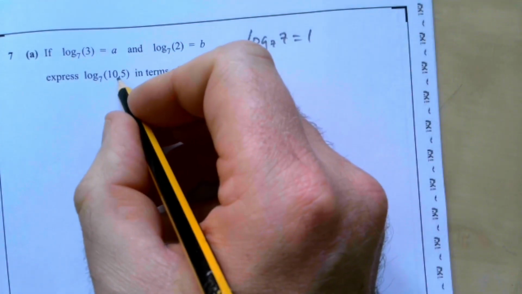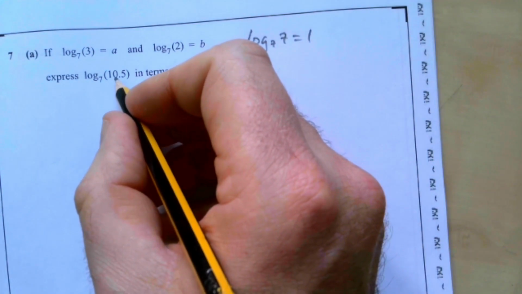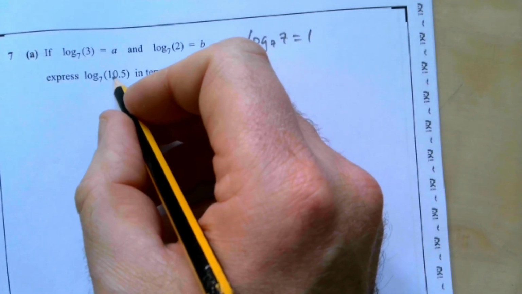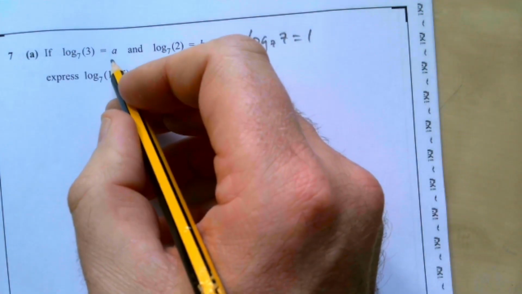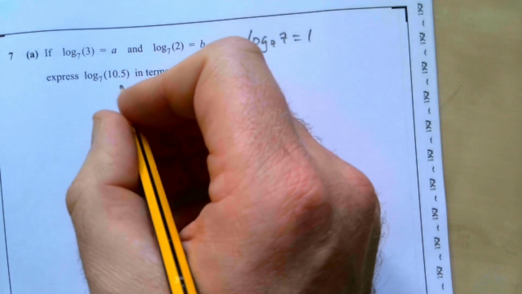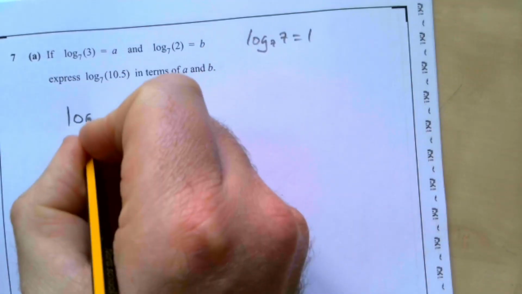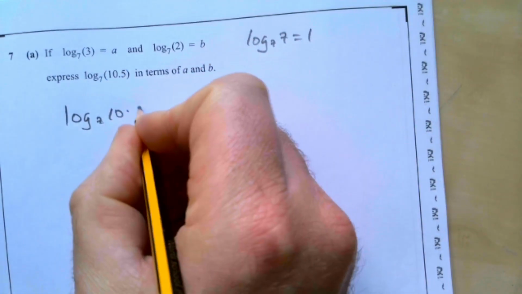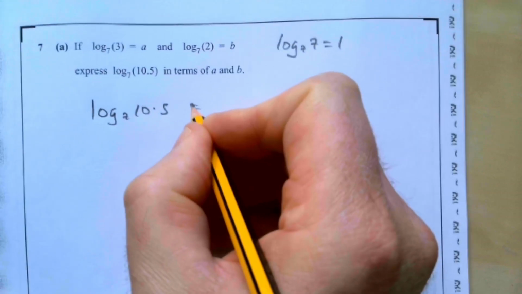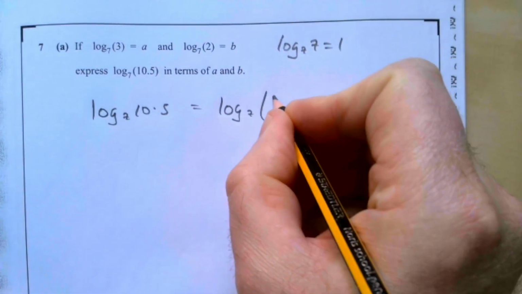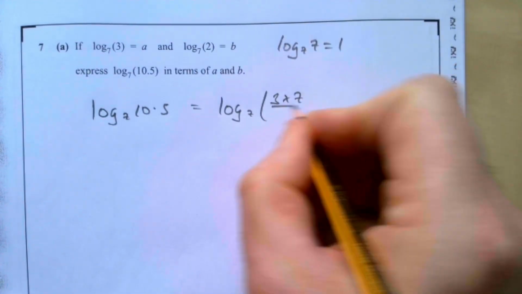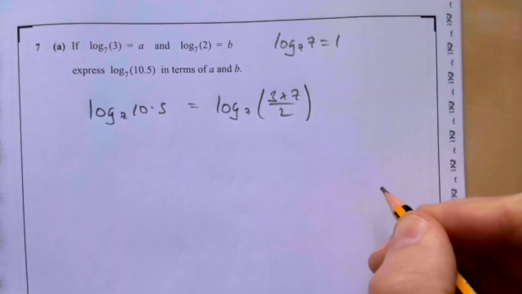It's kind of a slightly awkward number here. It's like 1.5 sevens. So how am I going to get 1.5 sevens? If I times a 7 by 3, that's going to give me 21, and then divide by 2. So log to the base 7 of 10.5 equals log to the base 7 of 3 times 7 all over 2.